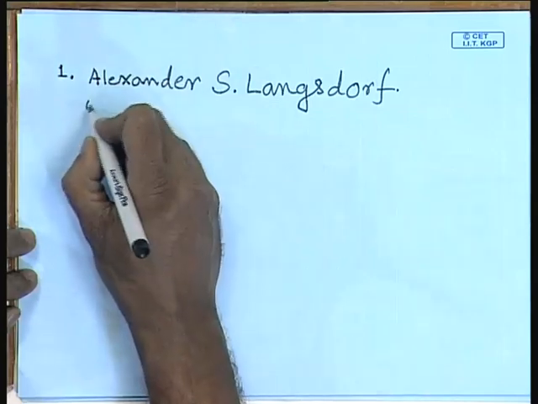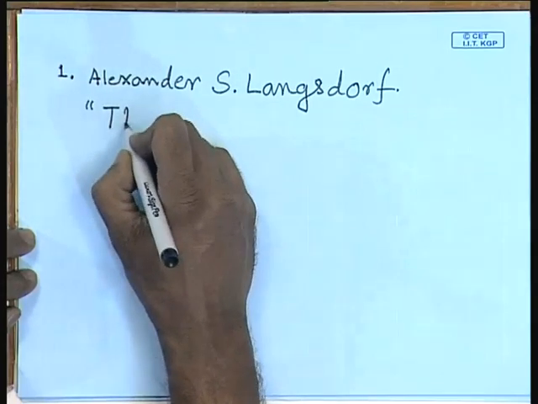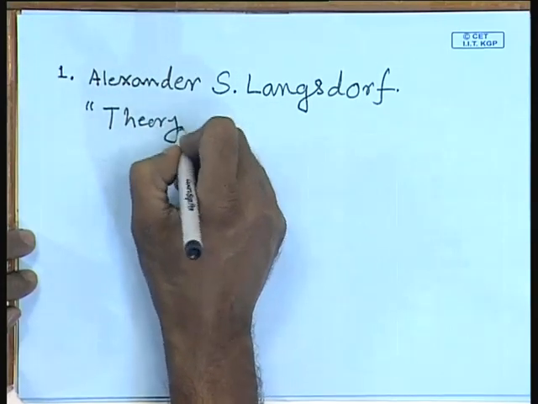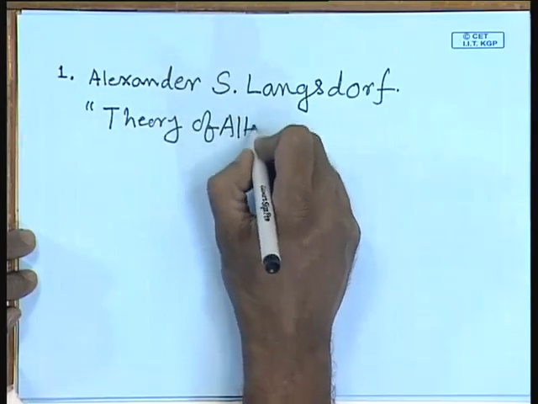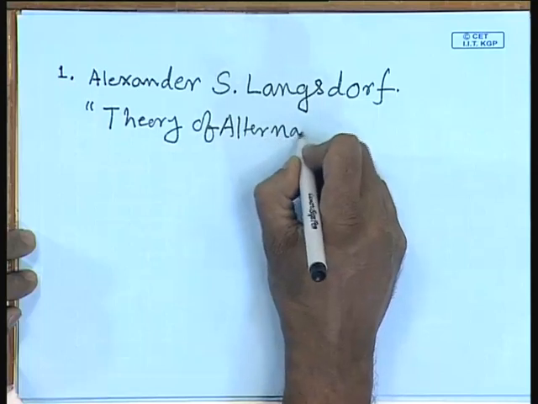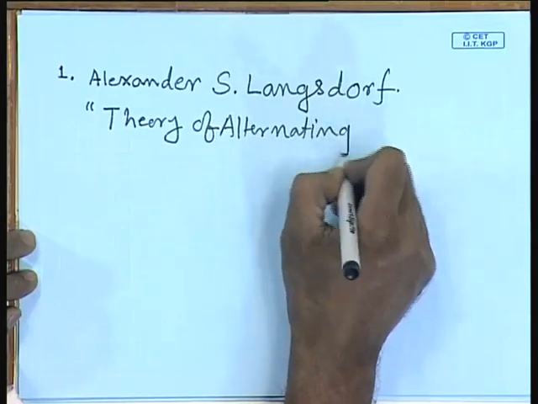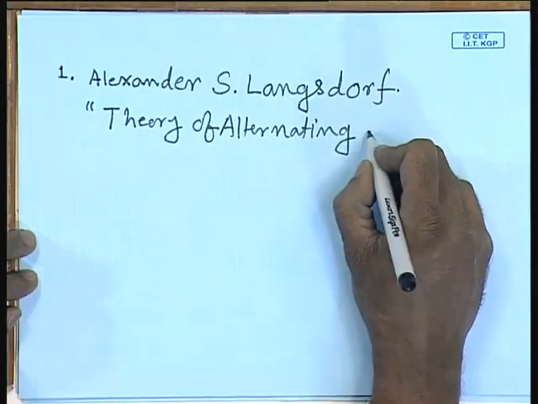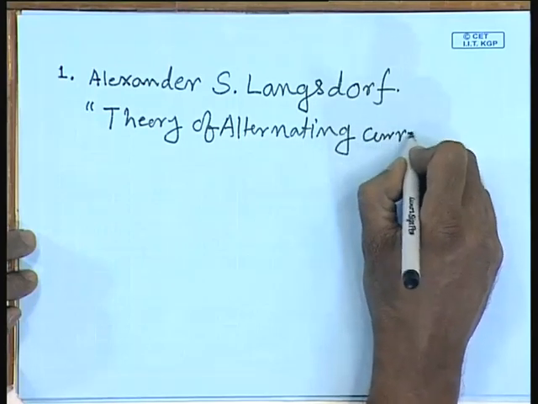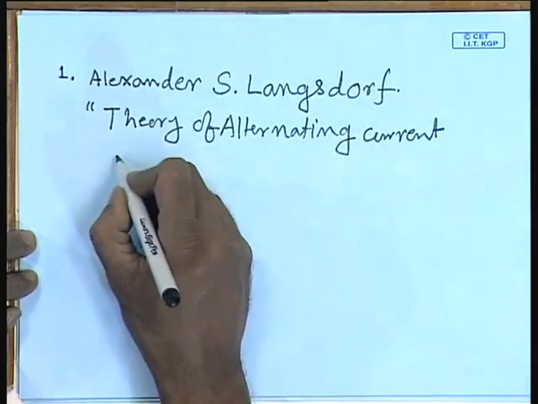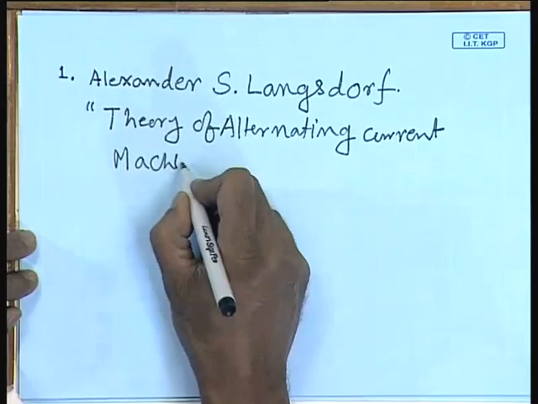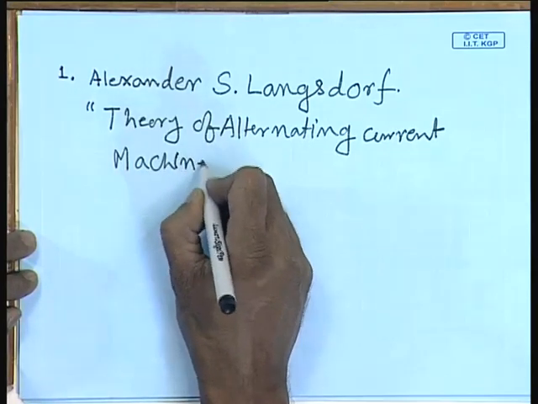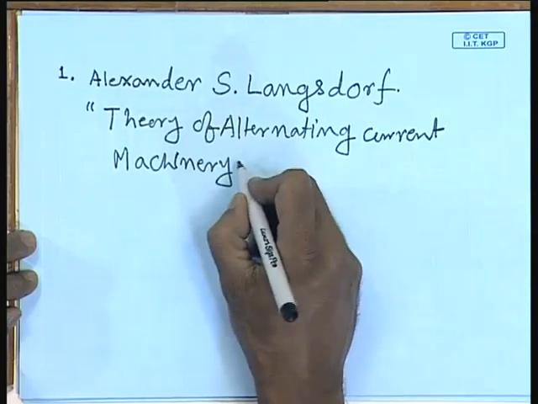The name of the book is Theory of Alternating Current Machinery. This is the second edition.